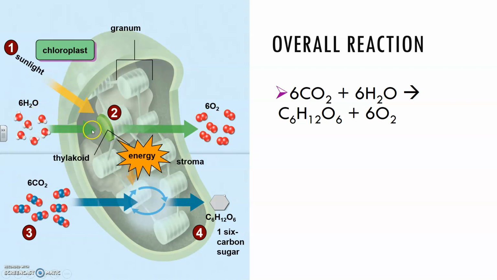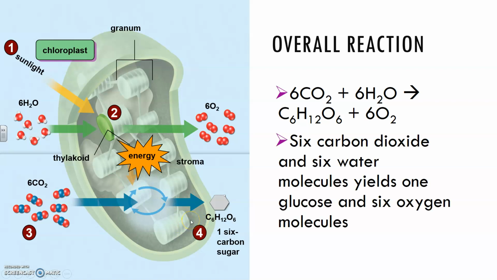And then it will use the energy from the sunlight and the hydrogens to produce energy, which will then be passed into the stroma, where the light-independent reactions take place. Those will use the energy from the light-dependent reactions and the carbon dioxide to produce a 6-carbon sugar. And voila! That is photosynthesis in a nutshell.